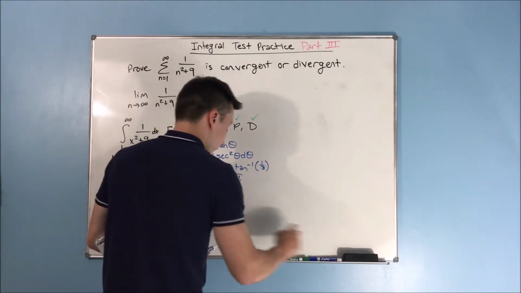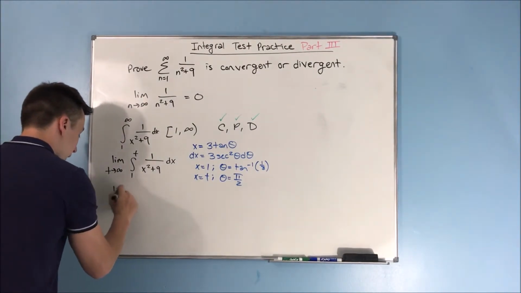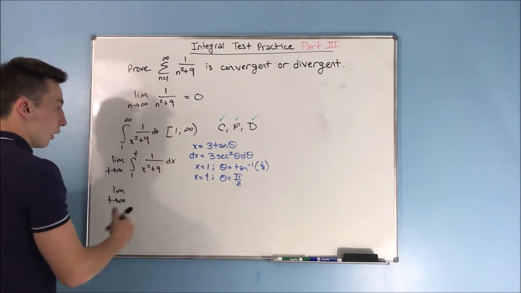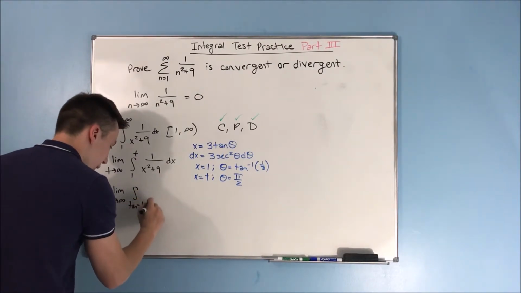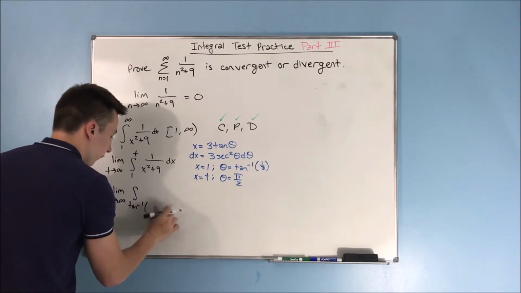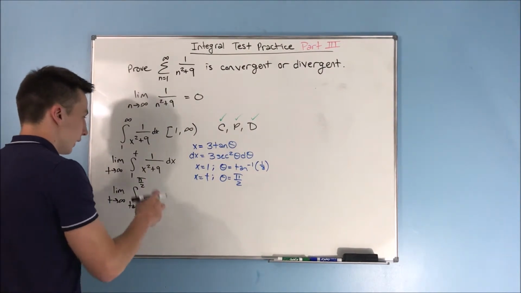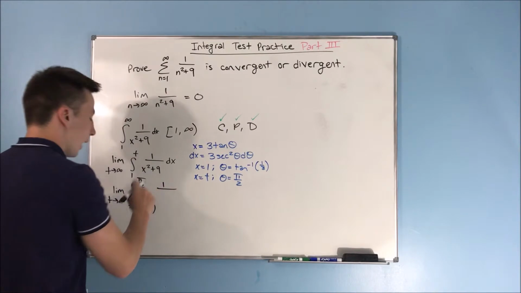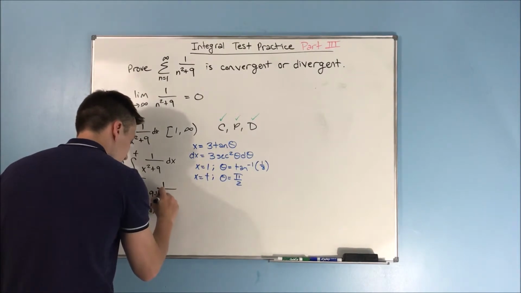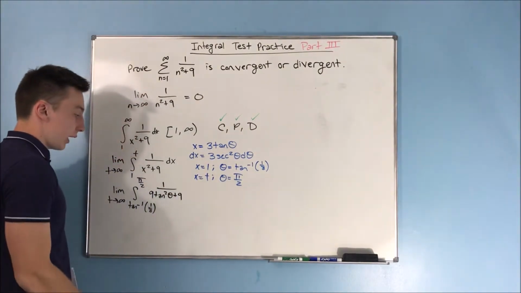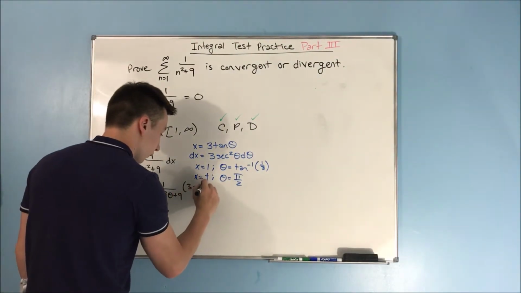Making our substitutions, we get the limit as t approaches infinity of the integral from tangent inverse of 1/3 to pi over 2, and our integrand is 1 over x squared, which is 9 tangent squared theta, plus 9, and don't forget our dx, which is 3 secant squared theta d theta.